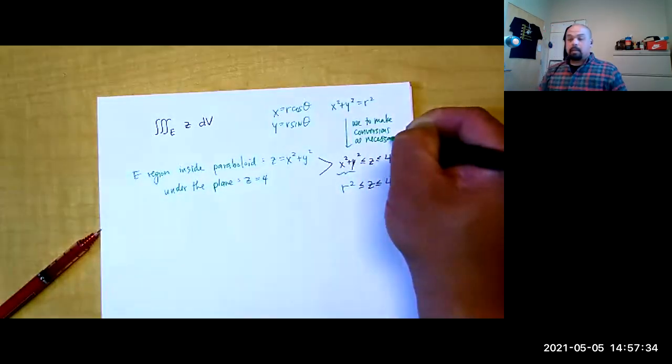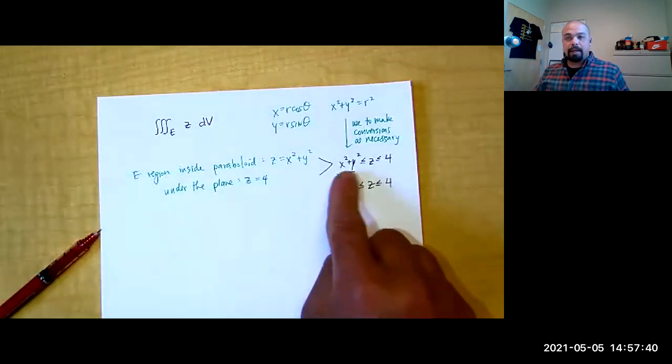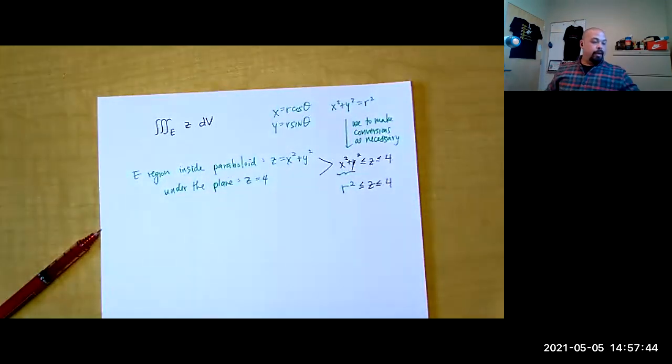Use that information to make conversions as necessary. We want everything in terms of r's, thetas, z's now. Anytime I see an x and y, I have to make that switch, that change. Okay? All right.